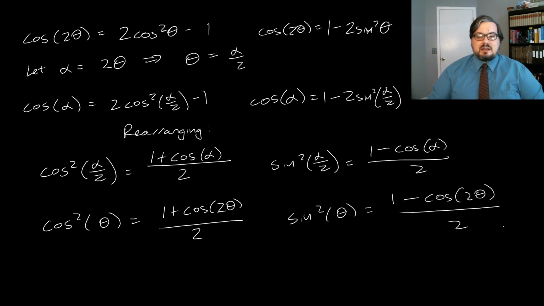We can use these in order to get the so-called half angle identities. So let me write these down, including the ones for tangent. The derivations for tangent you can find in the text, but it's just using the facts for sine and cosine. So the half angle identities are as follows.